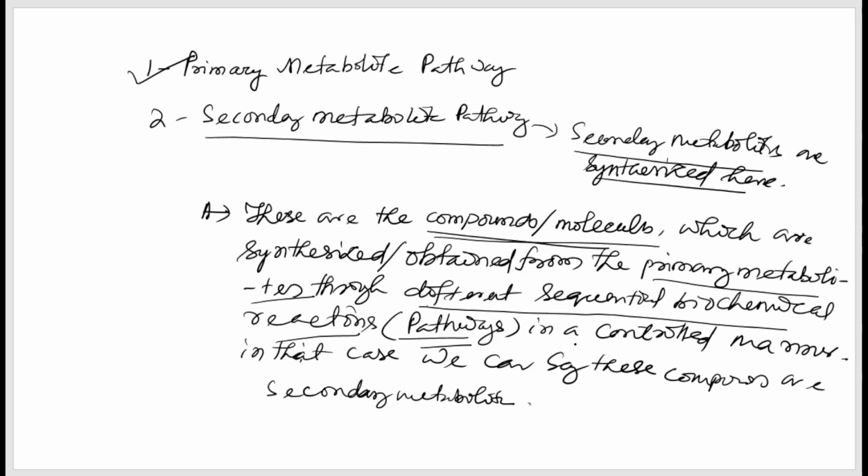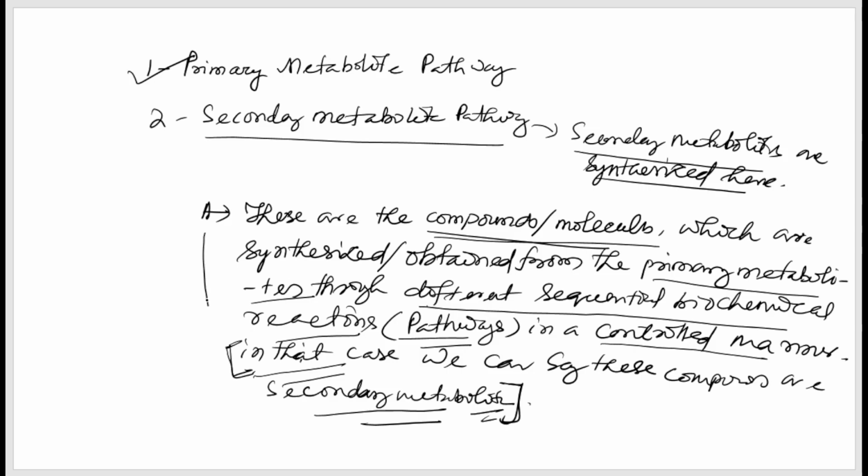Like the primary metabolites that are formed in a controlled manner, these secondary metabolic pathways also happen in a controlled way. And the compounds formed in this type of pathway are called secondary metabolites.